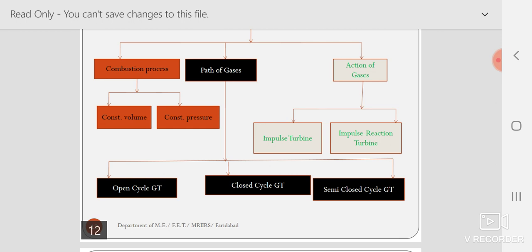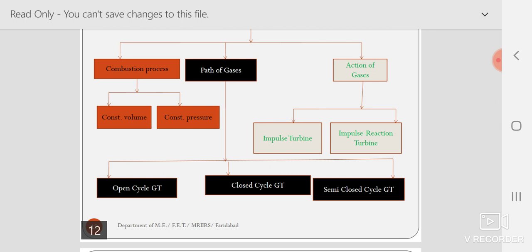Then the action of gases. One is the impulse turbine, one is the impulse reaction turbine. You have studied these already in turbines and fluid mechanics. What is an impulse turbine and what is an impulse reaction turbine, we are not going to discuss in this chapter. We are more interested in the running of the gas turbine, producing power with its help, how the cycle of the gas turbine works, and all these thermodynamic properties.